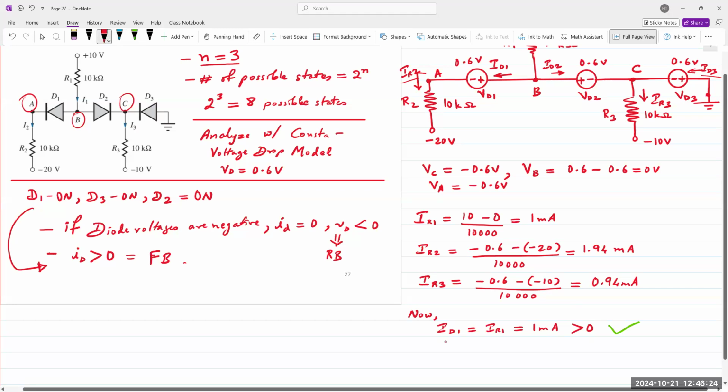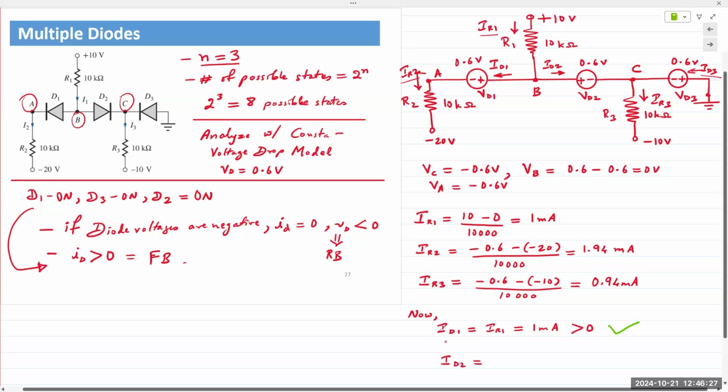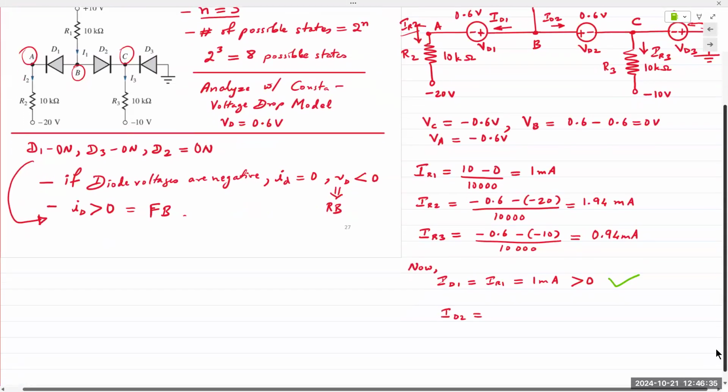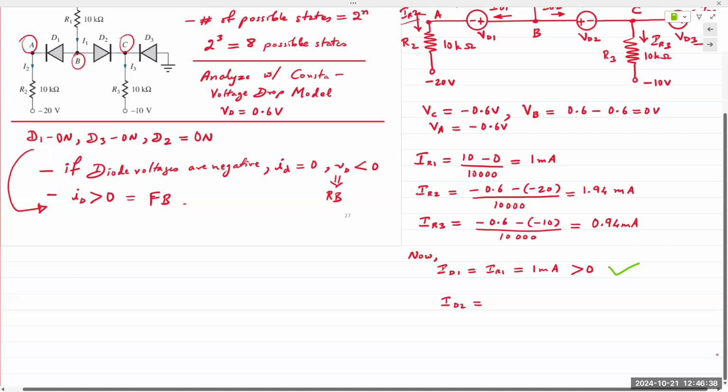And then ID2, we apply KCL at node B. I get IR1 is equal to ID1 plus ID2. And so ID2 is IR1 minus IR2, which gives me 1 minus 1.94, which gives me ID2 as minus 0.94 milliamps, which is less than 0.